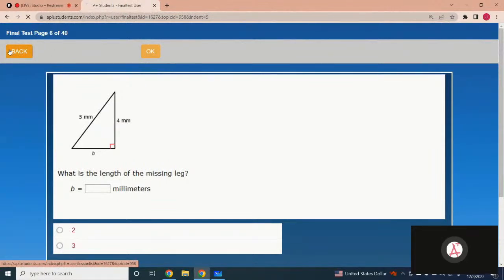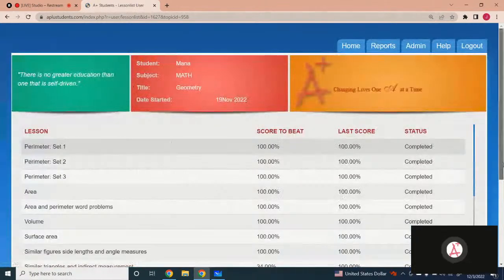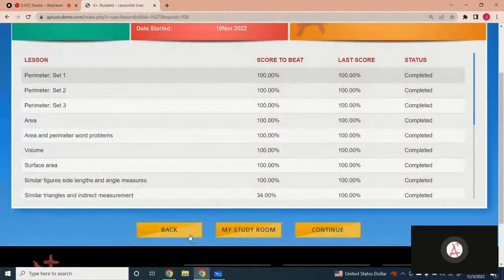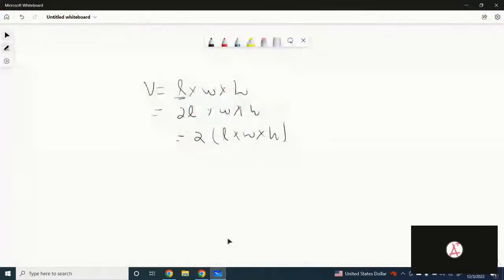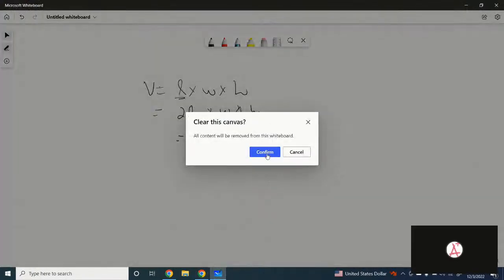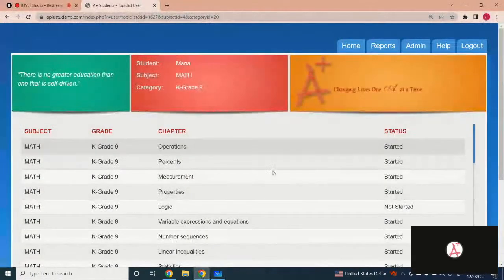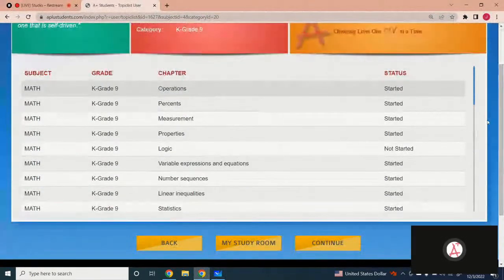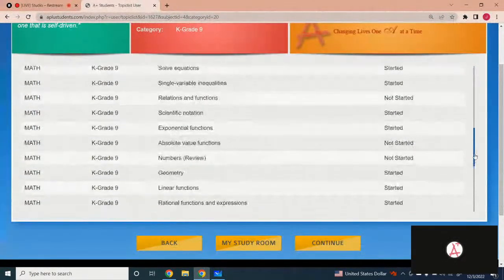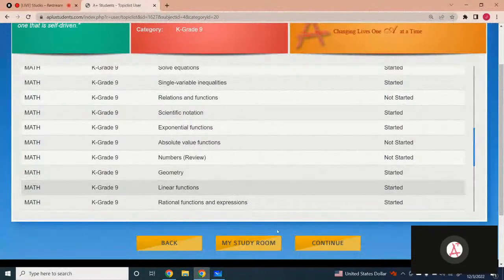That means we're going to start with the new chapter. The new chapter is linear functions, and the lesson we're going to start with is linear functions.